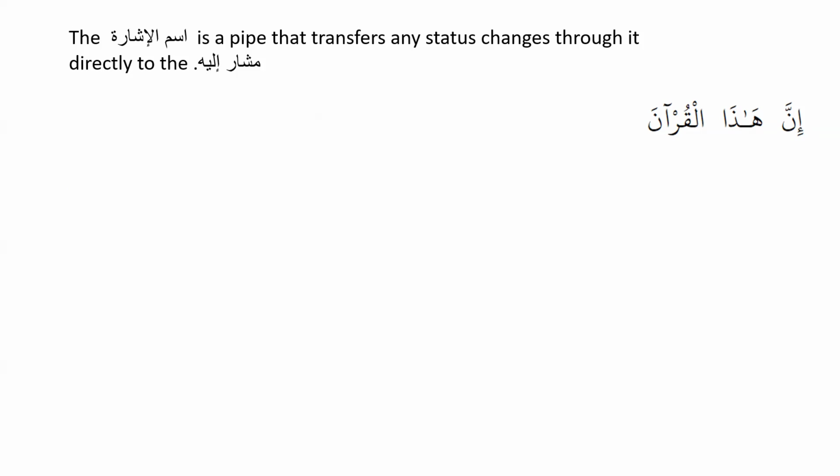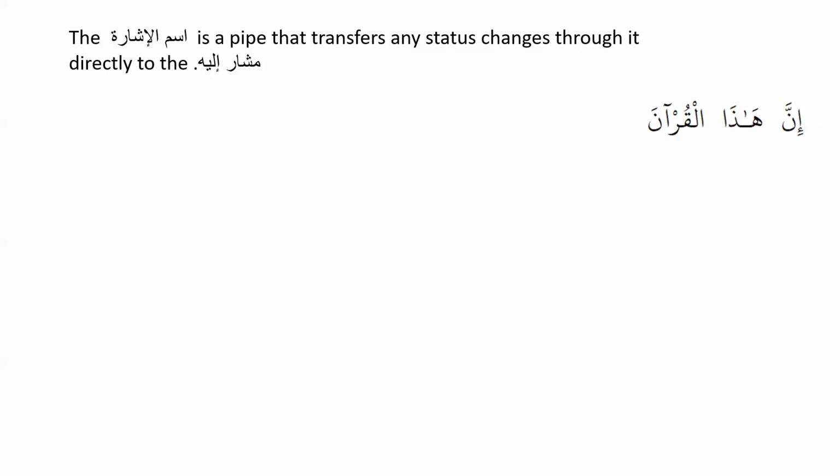By default, an ism should be rafa. If it is nasab or jar, there must be a reason for that. It can't just be nasab by itself. You can see here inna hazal Qur'ana, not Qur'anu.